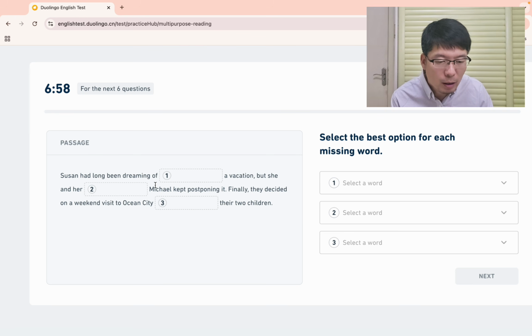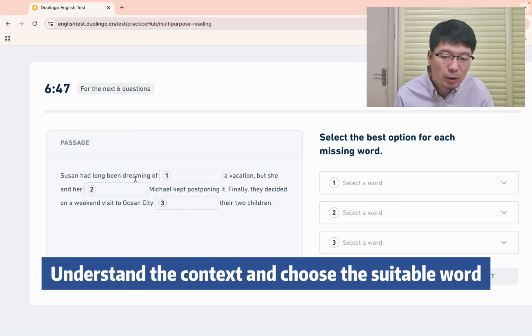Okay, this type is very similar to fill in the blanks or complete the passage, and we need to read the context, and then we choose the most suitable answer word.